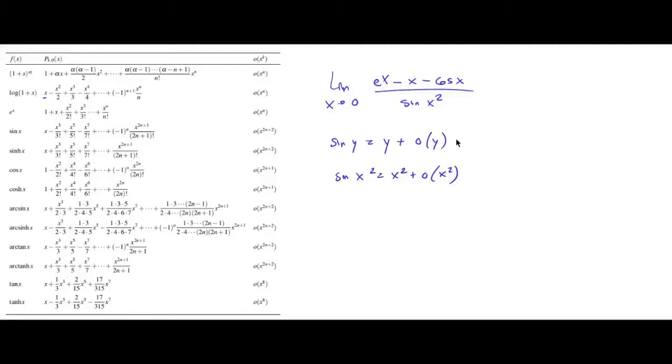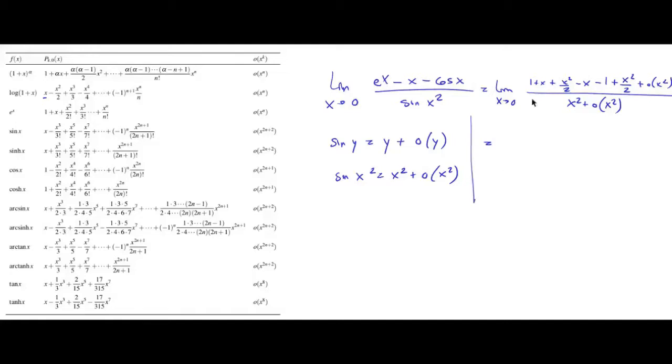So we can actually approximate everything in the numerator up to small o of x squared, right? So we have done this before. E to the x is 1 plus x plus x squared divided by 2 minus x, and then the cosine is minus 1 plus x squared divided by 2 plus small o of x squared, divided by x squared plus small o of x squared.